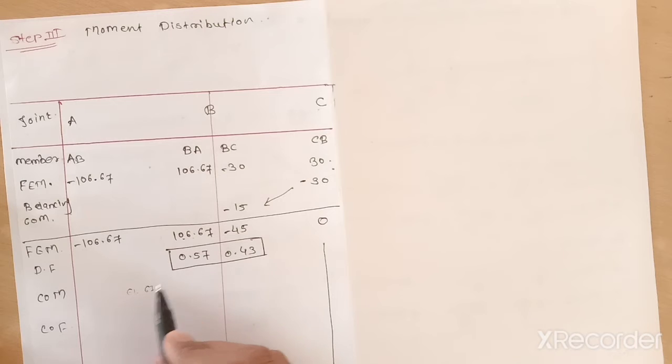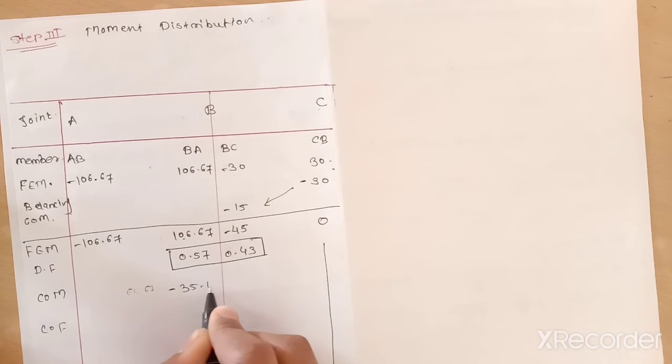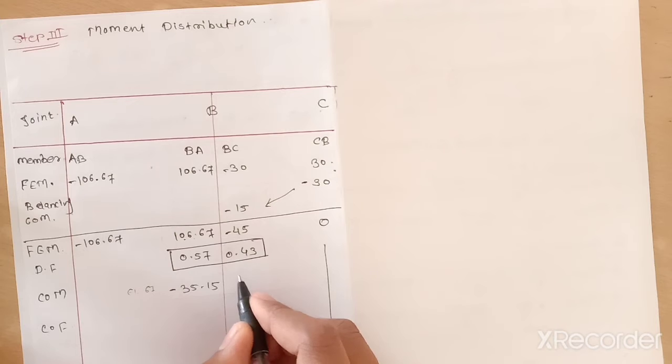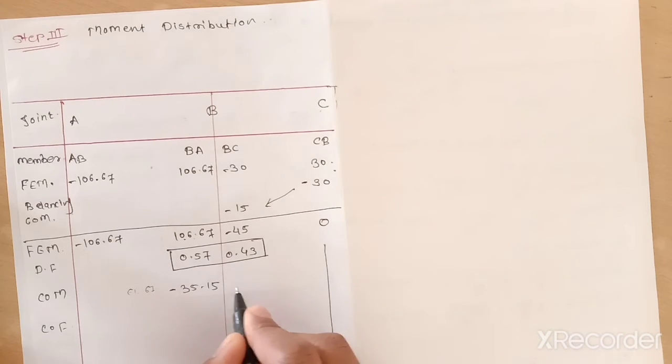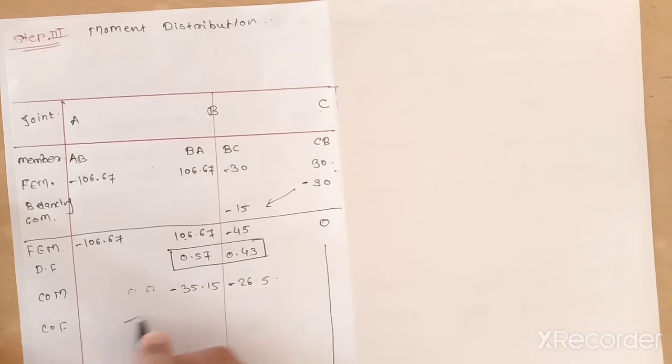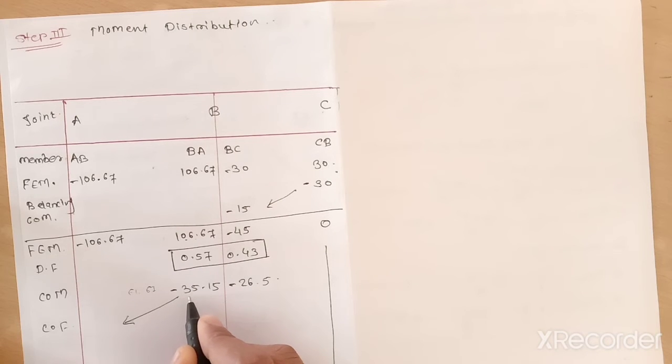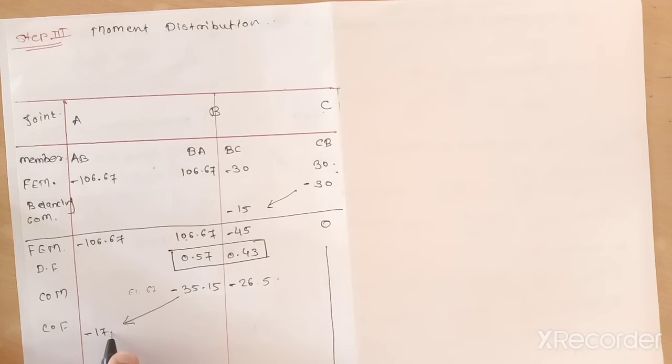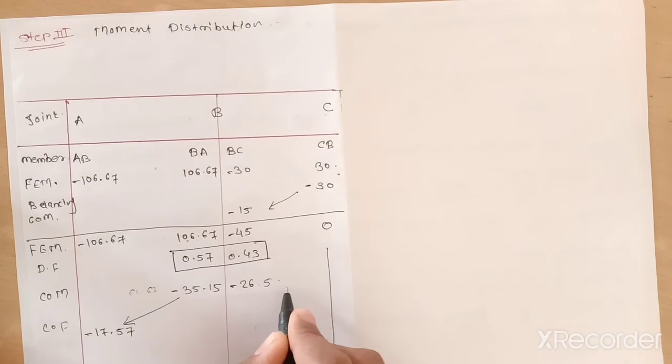Minus 61.67 multiplied by this distribution factor 0.57 is nothing but minus 35.15, and here minus 61.67 multiplied by 0.43 is nothing but minus 26.5, and then carry over factor is minus 35.15 divided by 2, which is nothing but minus 17.57, and here 0.